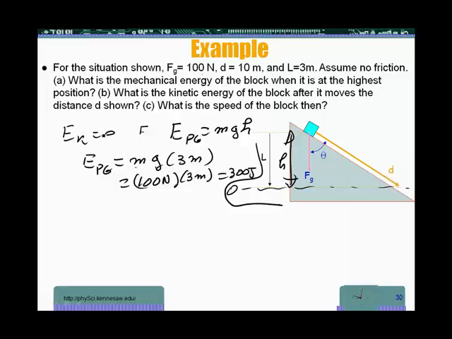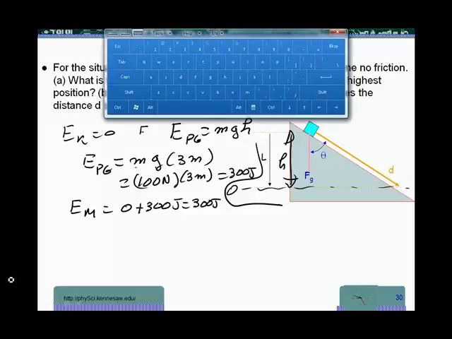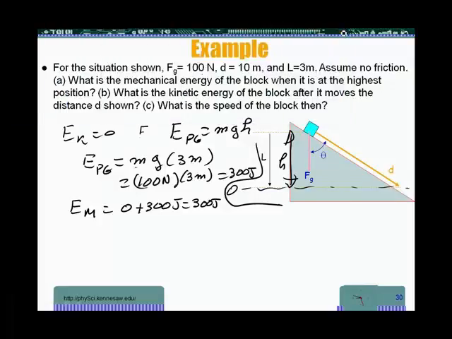That's our EPG, and since the kinetic energy is 0, our mechanical energy then is 0 plus 300 joules. It's 300 joules. Now, the question then asks, what is the kinetic energy of the block when it moves the distance d shown?